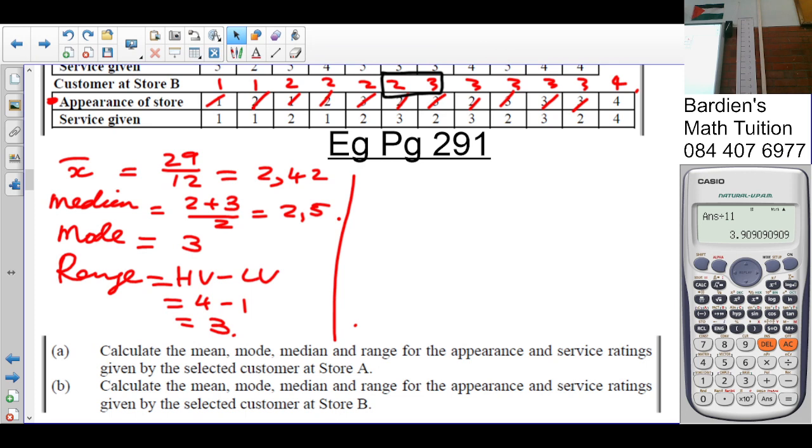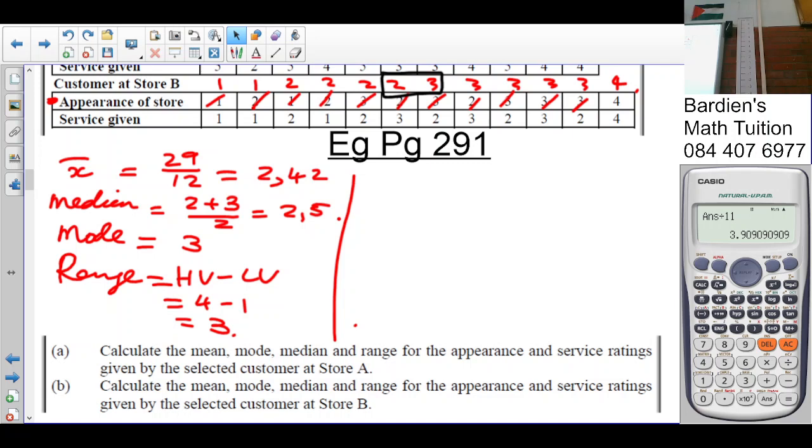No. What if the person didn't give ones at all, and it was 2s? It will be 4 minus 2, which gives you 2. What if this person only gave 2s and 3s? 3 minus 2, which is 1. So the range would have been 1. So the range is not always 3. You guys understand?